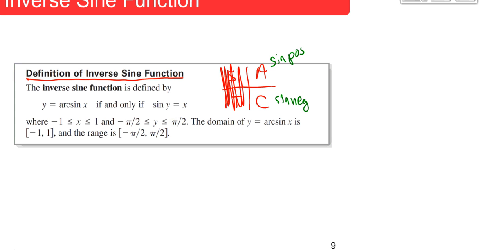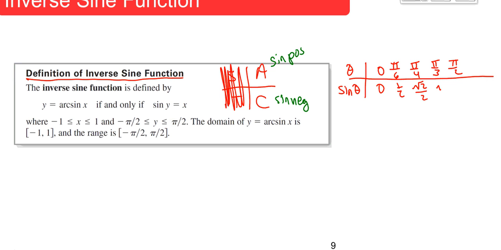Again, we'll make our little table one more time. If we have 0, pi over 6, pi over 4, pi over 3, and pi over 2, we know that the sine of that angle is going to be 0, 1/2, square root of 2 over 2, square root of 3 over 2, and 1. Then for the inverse, we're going to interchange those.